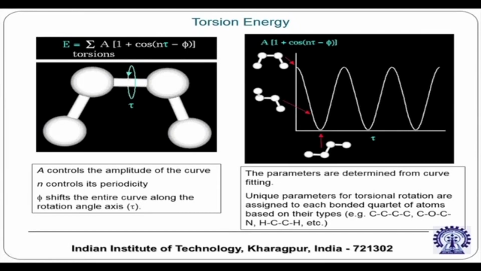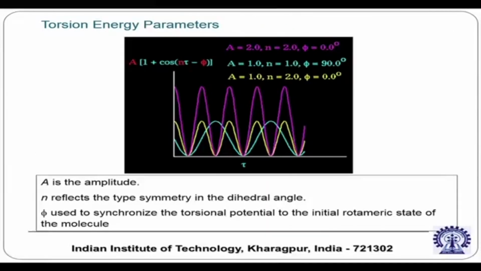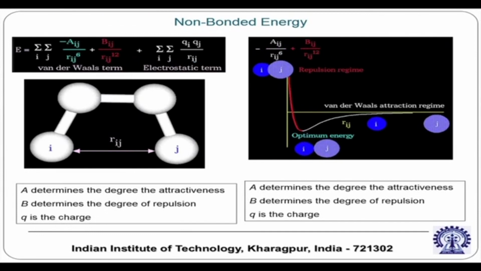So various parameters can control various interactions. With different interaction parameters you can have different torsional energies.